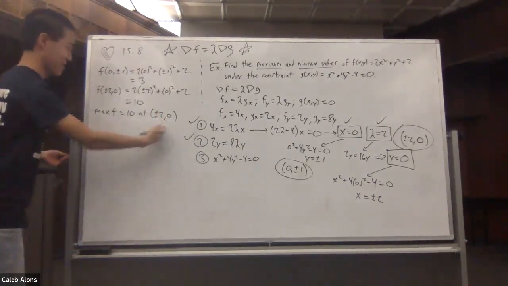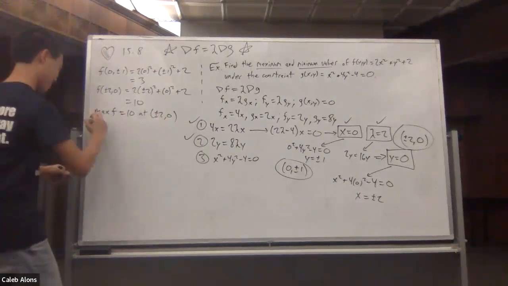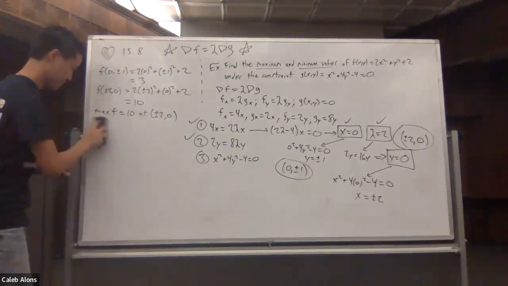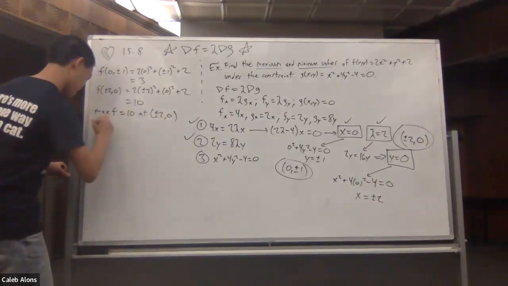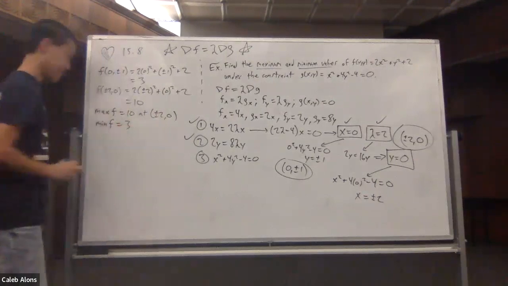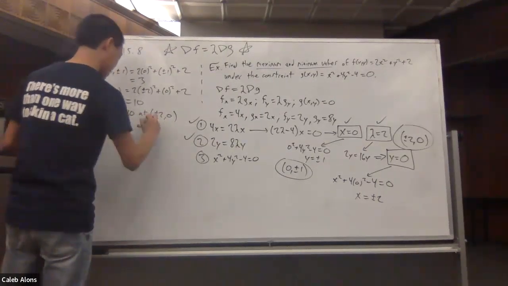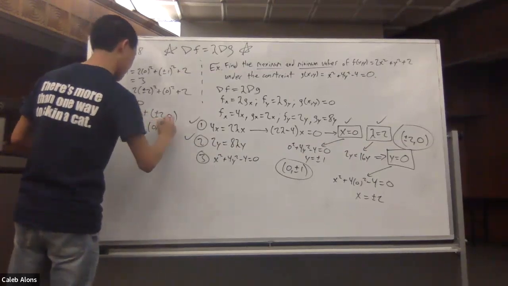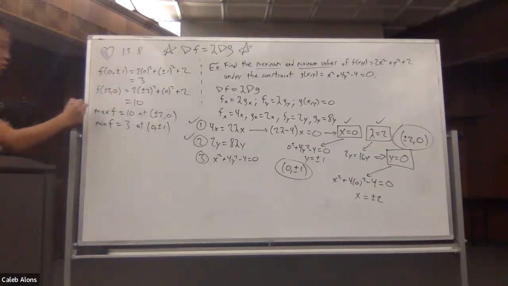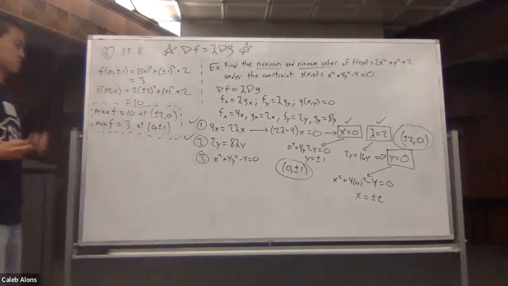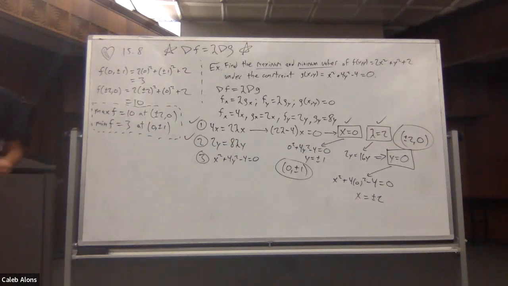Why can the math happen and then the English doesn't? It's not fair. Okay, the minimum of f is 3 at 0. And so those two coordinates were just candidates, and we need to plug them into the equation to see which one was which, right? Yep.